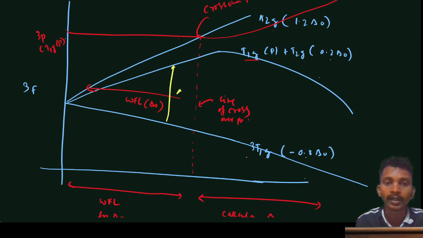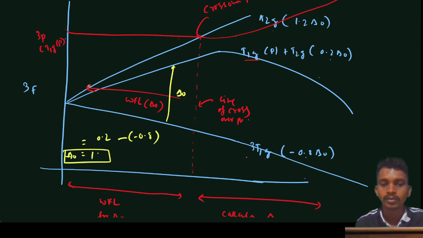Okay, this is the delta naught. If you calculate it, 0.2 minus minus 0.8, that is going to be 1. This delta naught has to always be 1 for a weak field ligand.